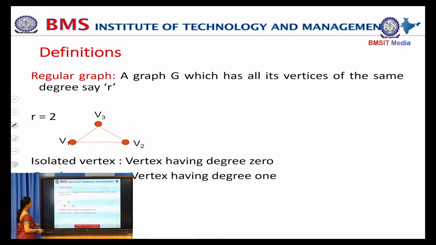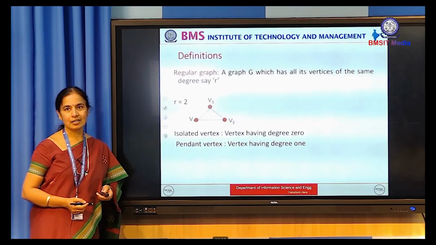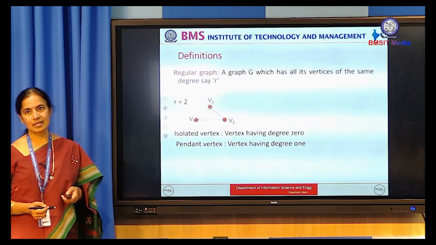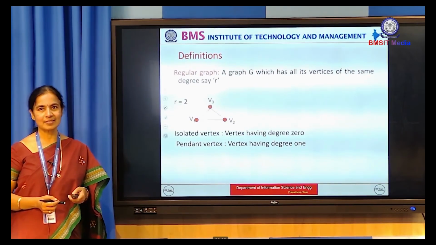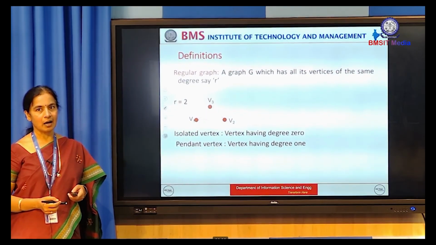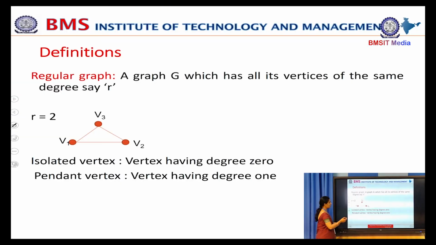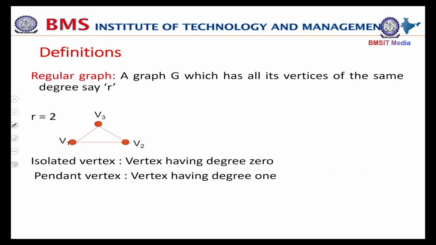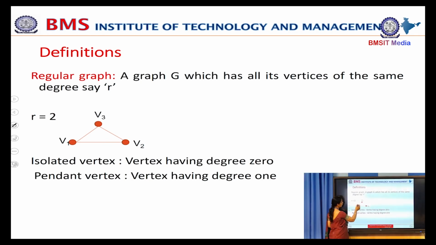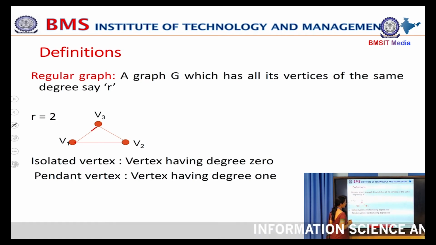Next we are moving towards a regular graph. A graph G which has all its vertices of the same degree, say r, is called a regular graph. Here I have taken an example of 3 vertices, and all the vertices are interconnected. The vertex V1 has degree 2, vertex V3 also has degree 2, and vertex V2 has degree 2.